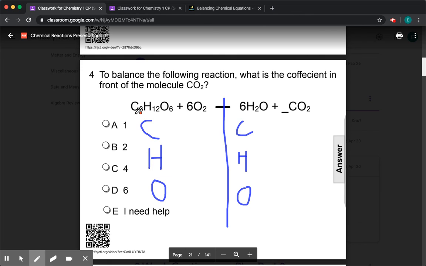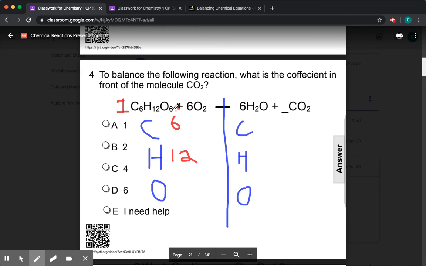How many carbons do we have right now on the left? Remember, if you don't see a number, you assume you have one of it. So we have one of these, C6H12O6. In one of them, there are 6 carbons. So we have 6 carbons here. We have 12 hydrogens.